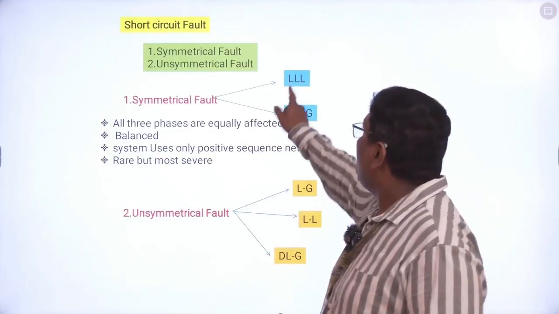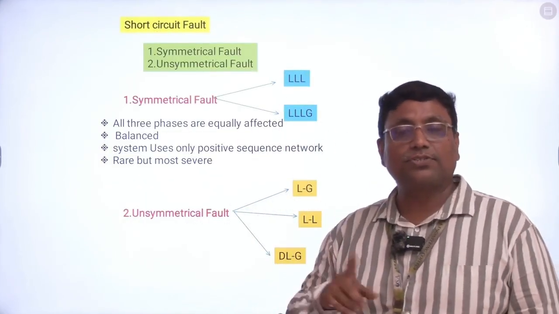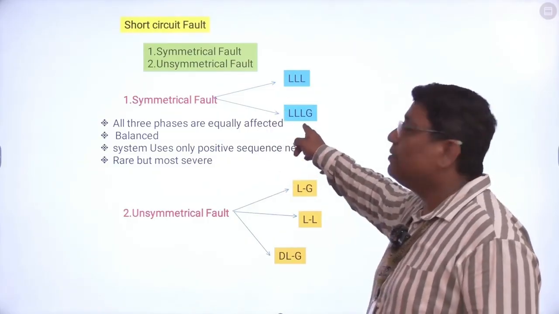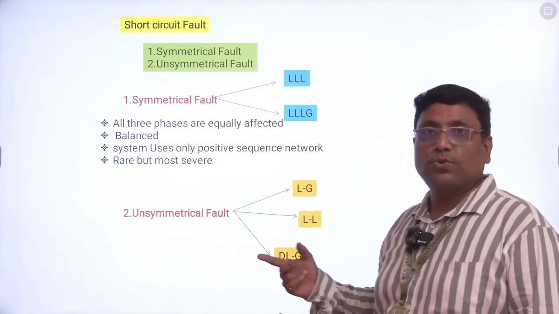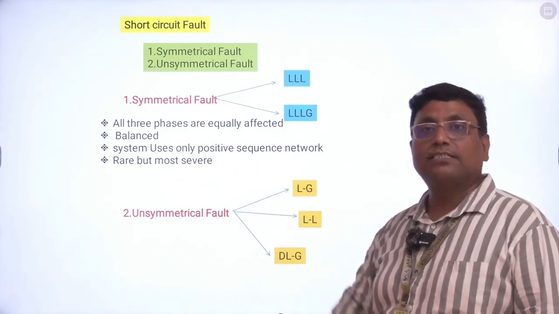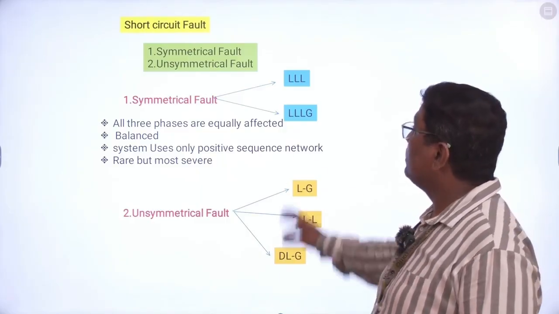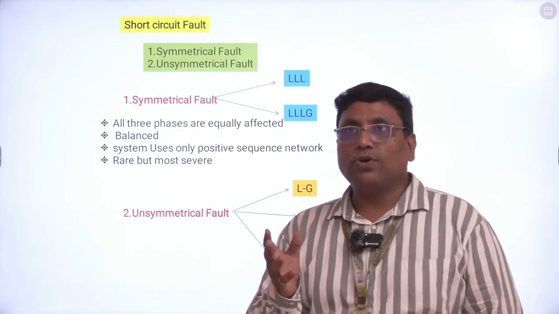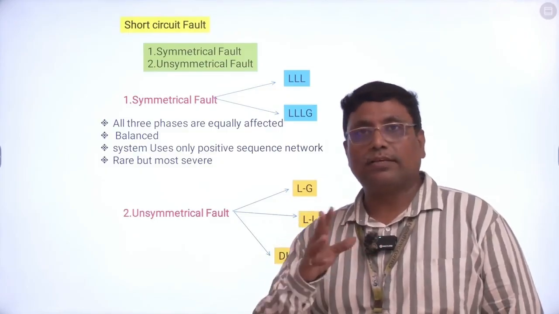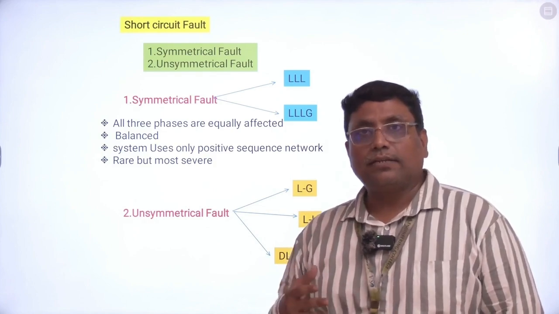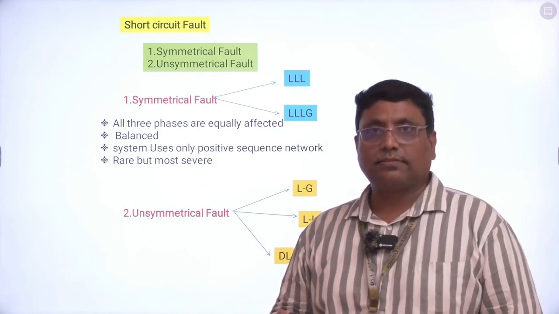So all three phases are short circuited. That is the triple line, or otherwise triple line to ground, which is one of the classifications of symmetrical fault. In a symmetrical fault, the fault current values are equal in all three phases, so it is a balanced one.